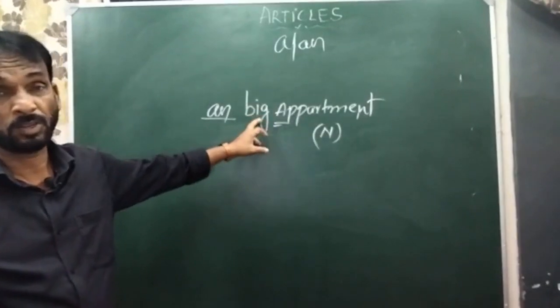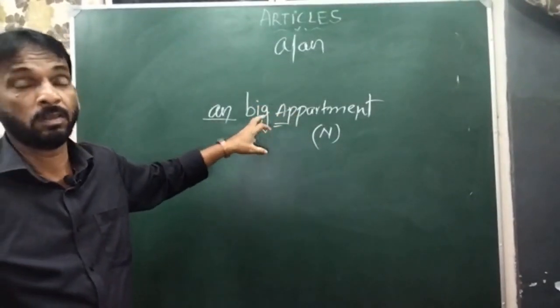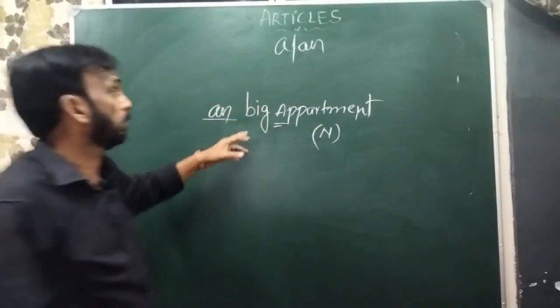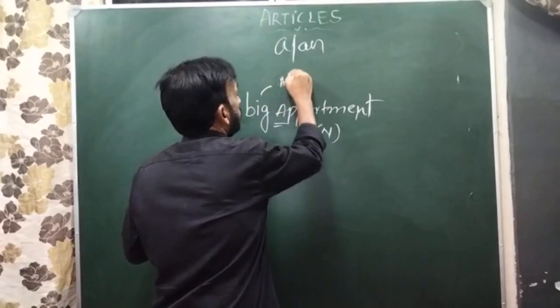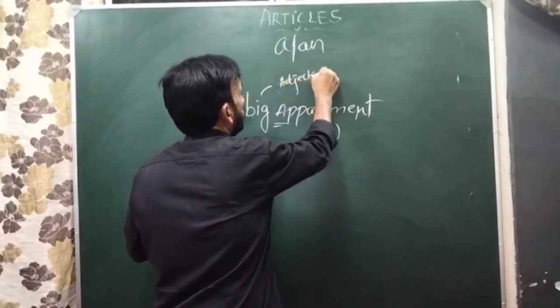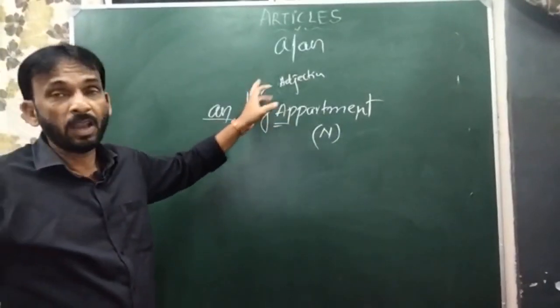It is an adjective. It describes the apartment. How does that apartment look like? It looks big. It is a bigger one. It is an adjective because it is describing the noun.